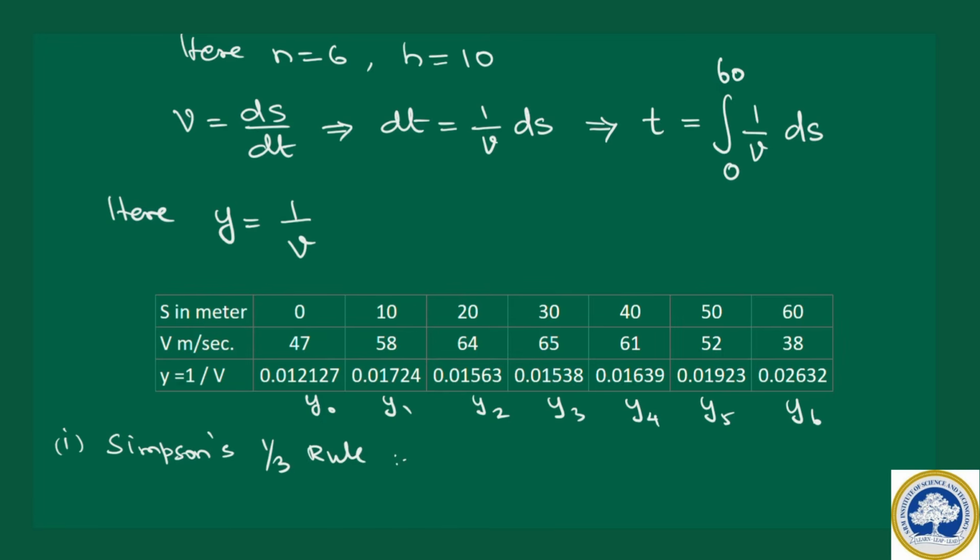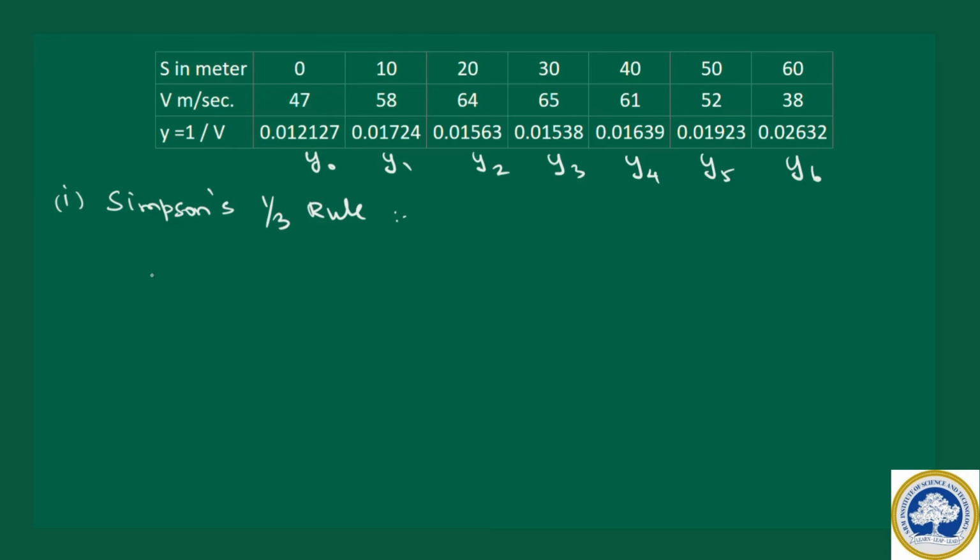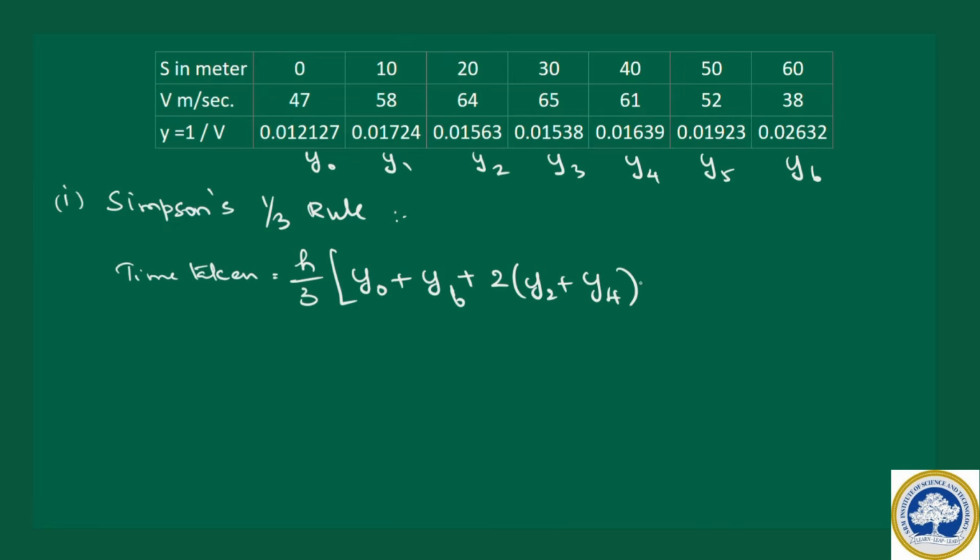Using Simpson's 1/3 rule, the formula for time taken is h/3 times [y0 plus the last term y6, plus 2 times the even terms y2 plus y4, plus 4 times the remaining values y1 plus y3 plus y5].